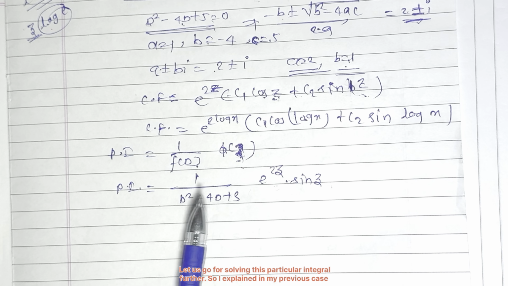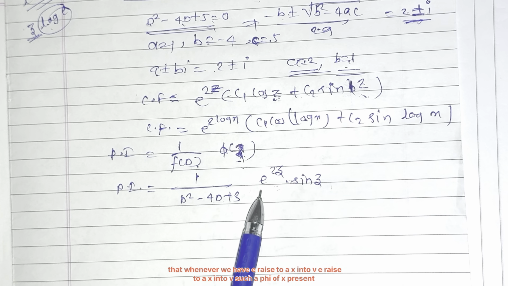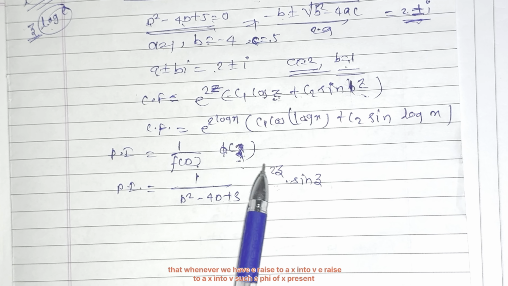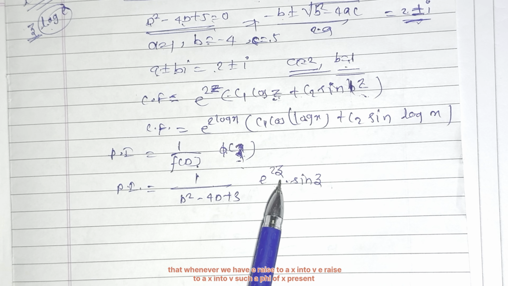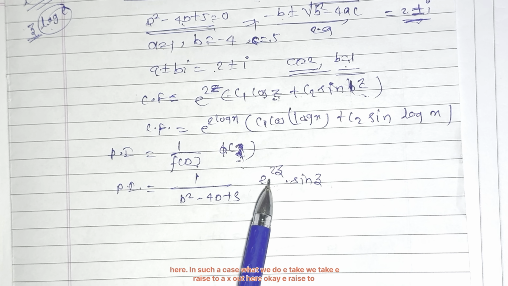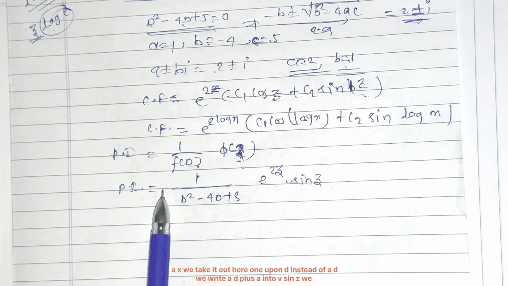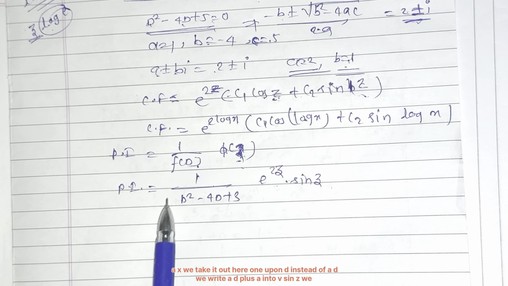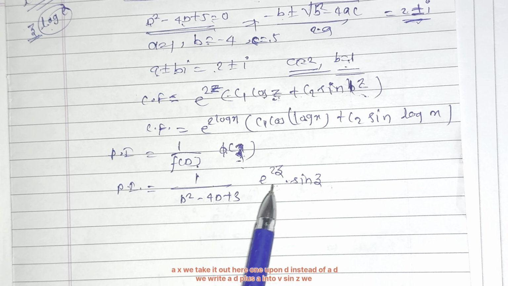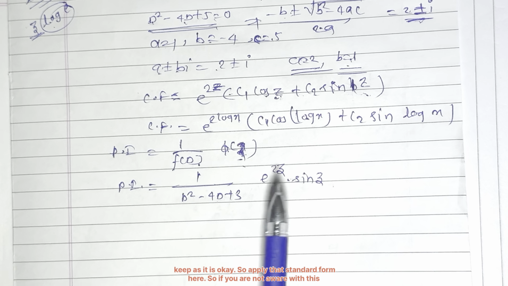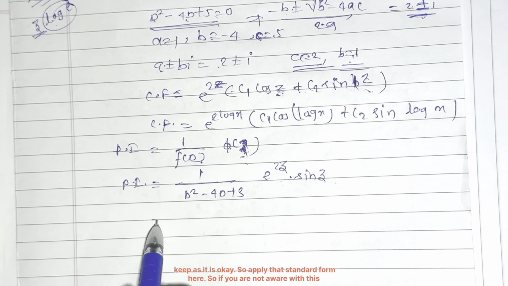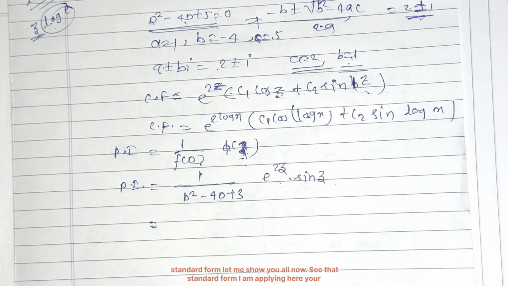I explained in my previous case that whenever we have e raised to ax into v as phi of x, in such a case we take e raised to ax out here, and instead of d we write d plus a, keeping v as it is. Apply that standard form here. If you are not aware of this standard form, let me show you.